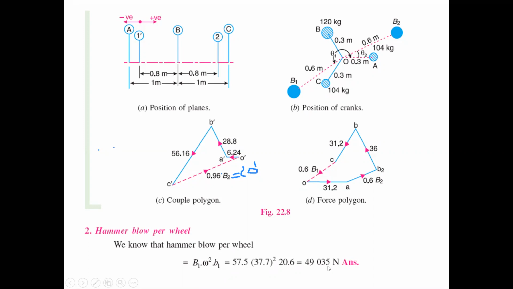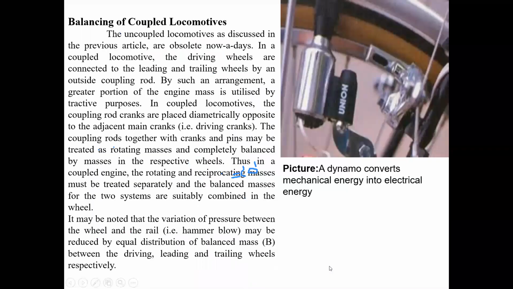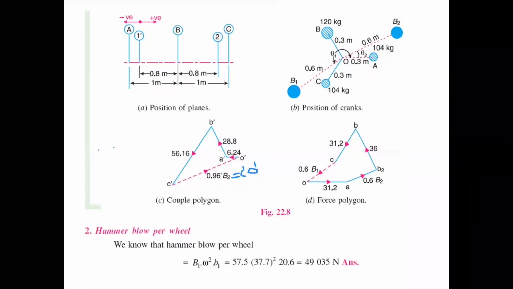So then from that, they may also put the balancing mass value. So that is B1 equals 57.5 into our omega, which is 37.7, and small b1 value is 0.6.